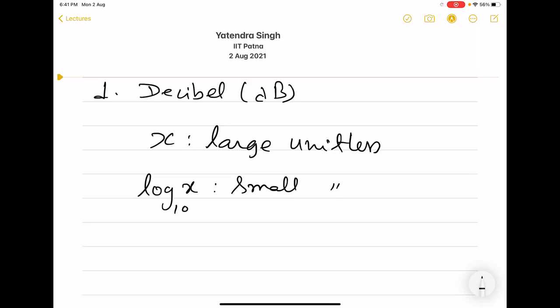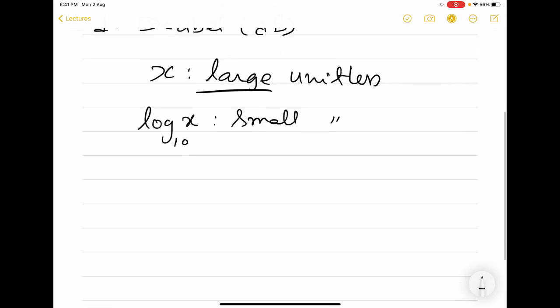Now this number is going to be small and it will remain, of course, unitless. Although we started our discussion with a large number, we know that the log of even a small number can be taken. So whatever we are going to talk about is valid for even a small number x. We say that this quantity x in logarithmic scale, which is called the Bell scale, is converted by finding log of x to base 10.